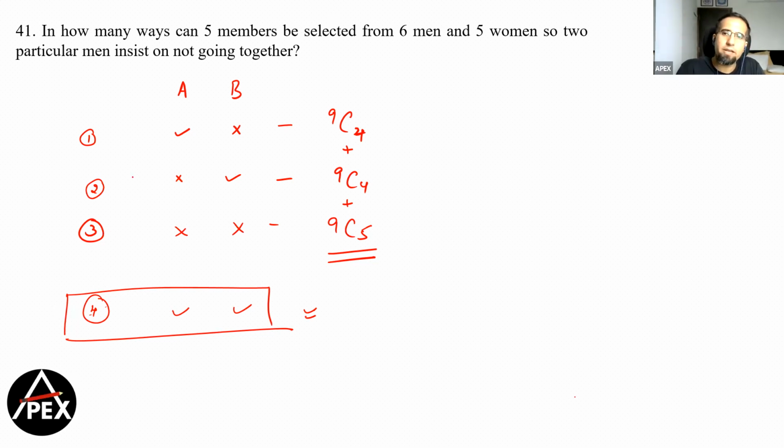Because A is already selected, Pawan. One member is already selected. That's why 4. And one member is not selected. That's why 9.